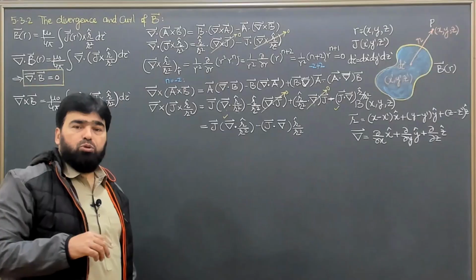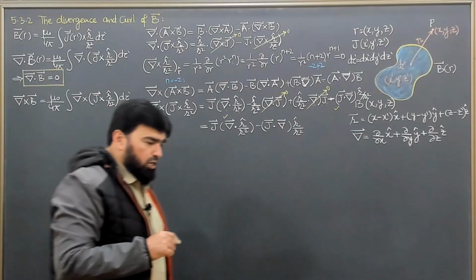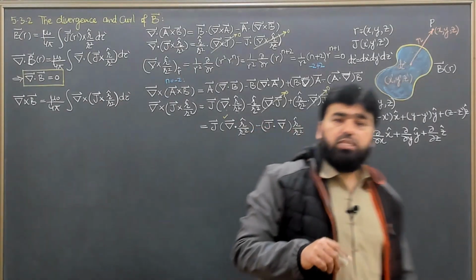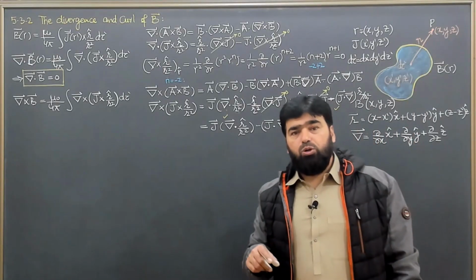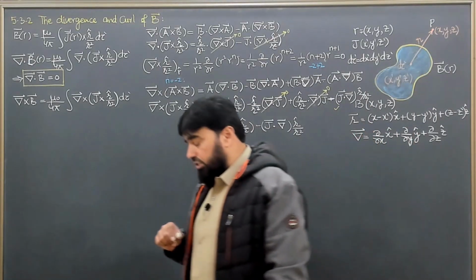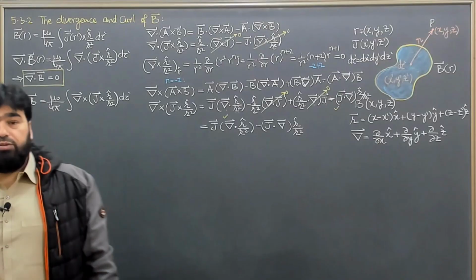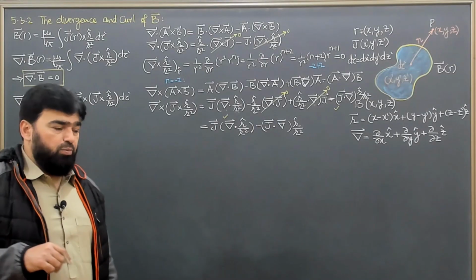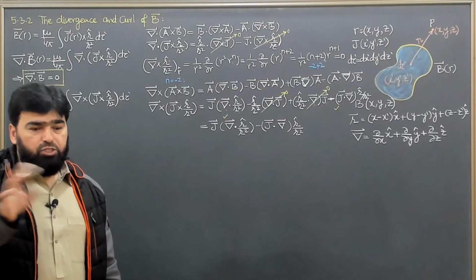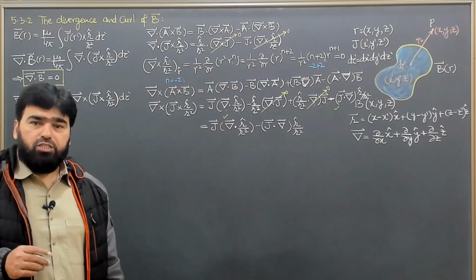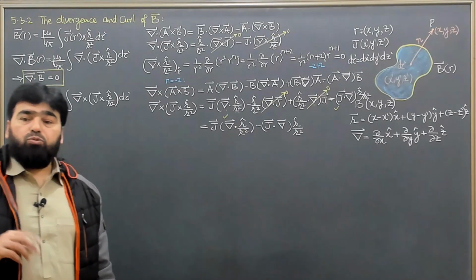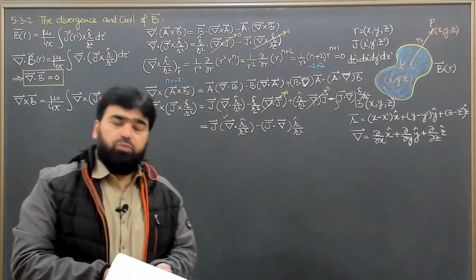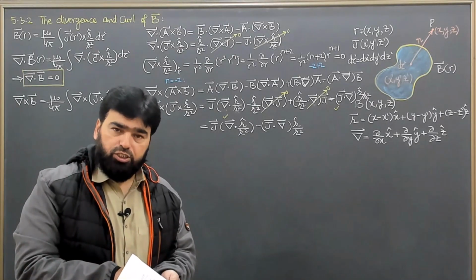We came to know that 1 over R squared has a singularity at R equal to 0, and that was the reason the divergence theorem was not giving the right result, and therefore we went towards the Dirac delta function.